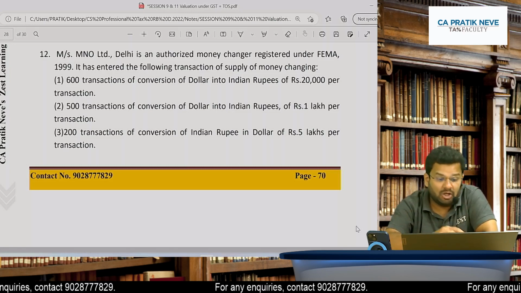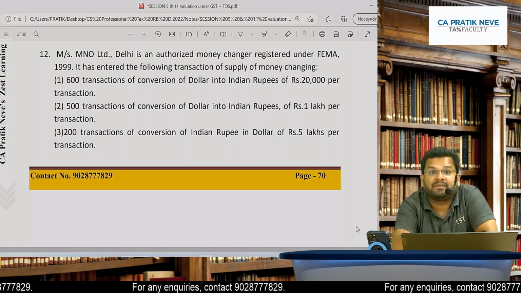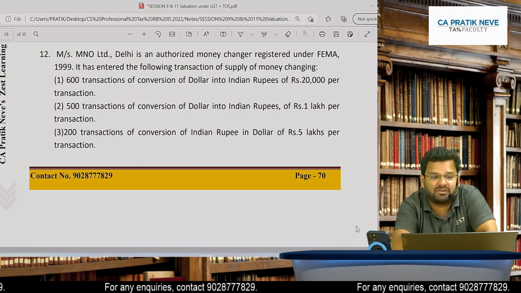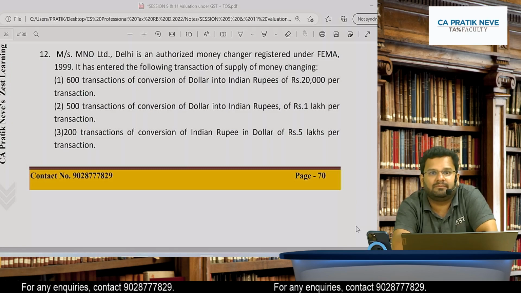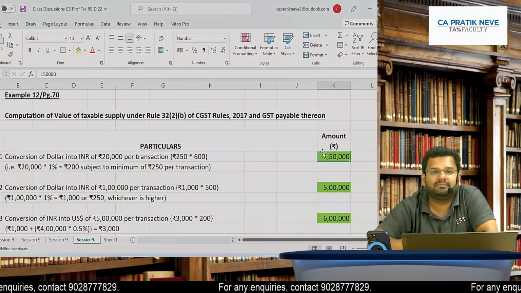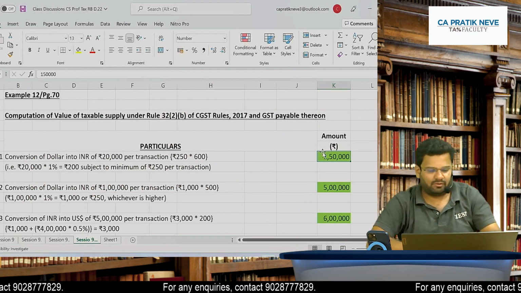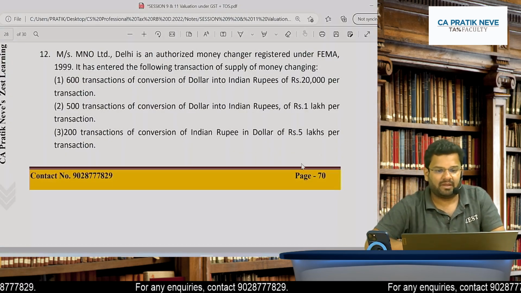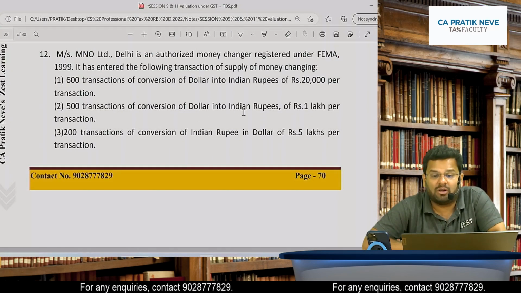So 250 is assessable value for one transaction. How many such transactions? 600 such transactions. So can you take 250 into 600? Is it 1,50,000? Yes, wonderful.